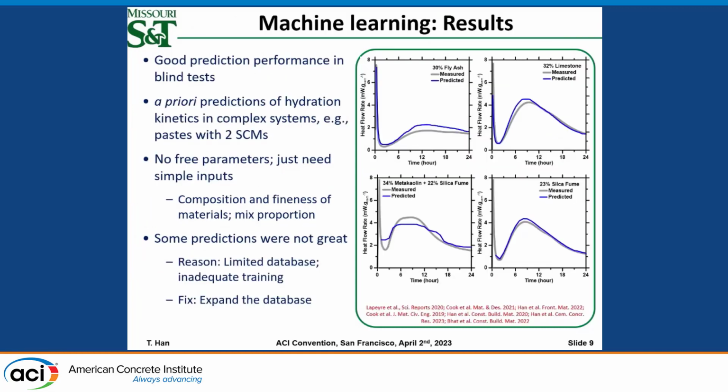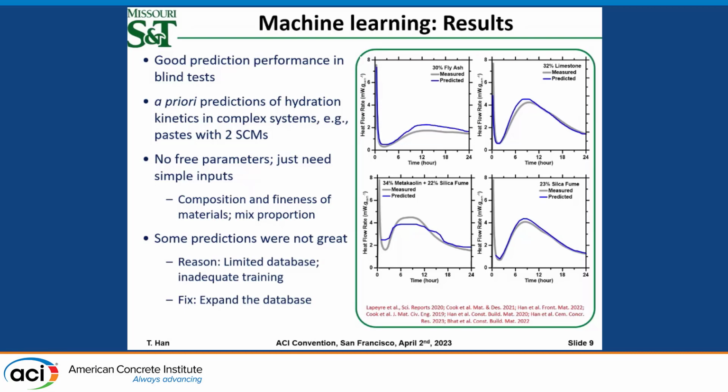Here are the prediction results. You can see it can make good predictions. You do not need free parameters. You just need simple input variables, and you can produce good predictions. But still, you can see the model has difficulty capturing the trend at the peak, and also the trend for those ternary systems.